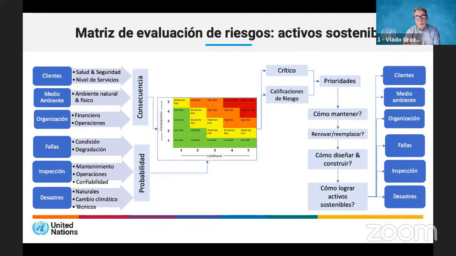These are the outputs which we have, if we think about all these factors, or how we maintain, how we replace, what design measures should we do, and how it could be constructed in order to achieve the sustainability. Thank you. Next slide.